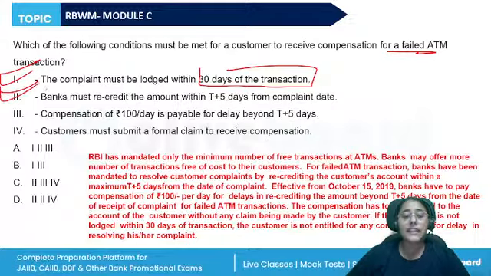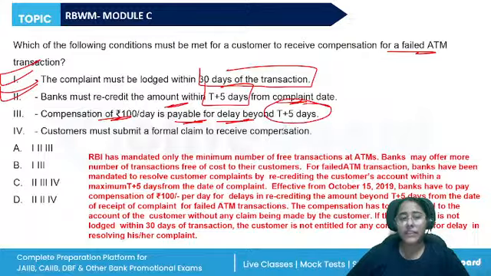Banks must recredit the amount within T plus 5 days from the complaint date. Compensation of rupees 100 per day is payable for the delay beyond T plus 5 days, and the customers must submit a formal claim to receive the compensation.